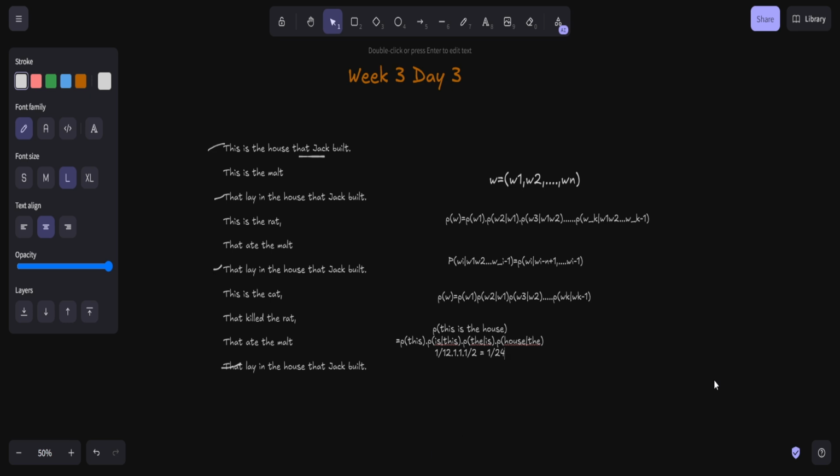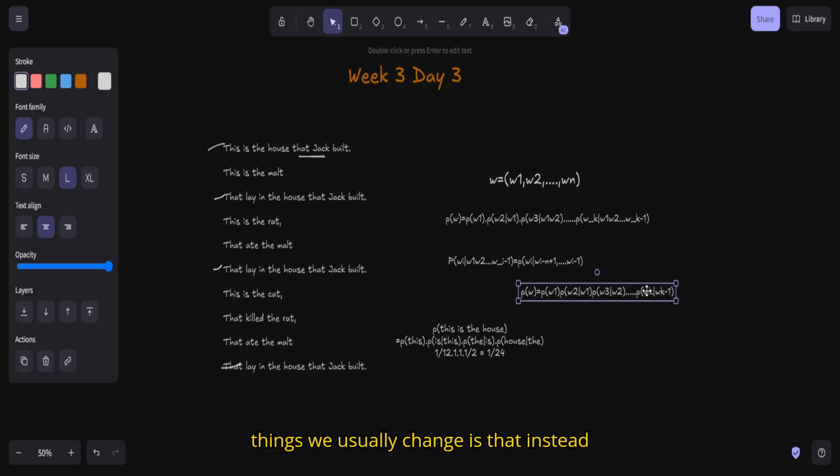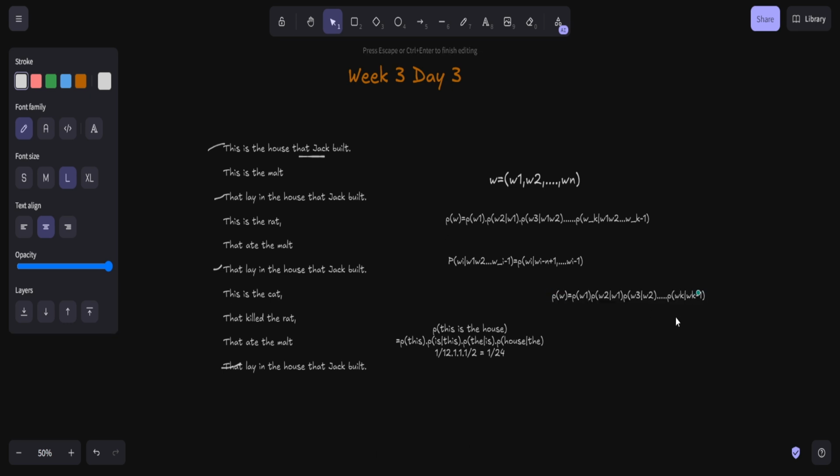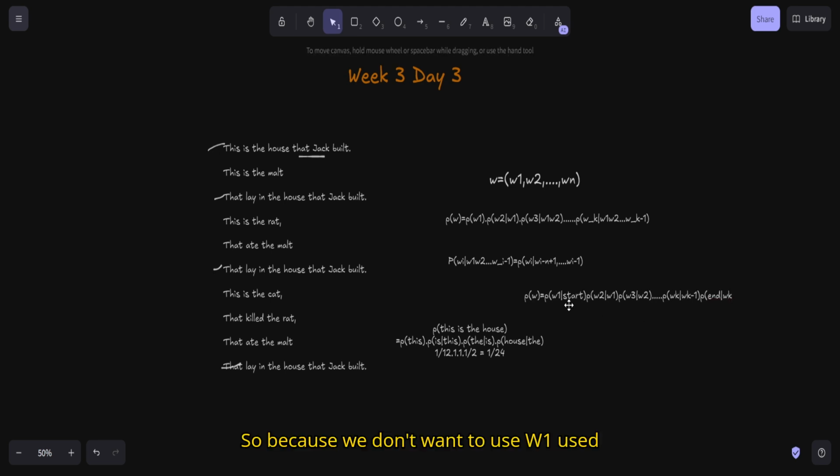Two things we usually change: instead of starting from nothing, we add a start token, and we also add an end token. It will become P of end given WK. We want it locally, because we don't want to use W1 throughout the corpus.